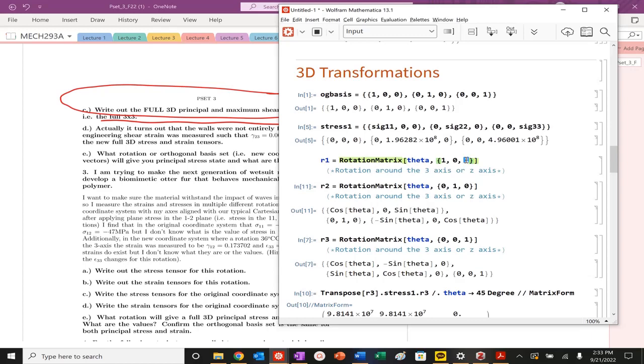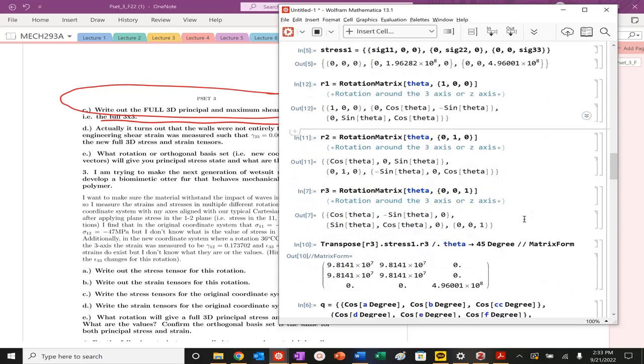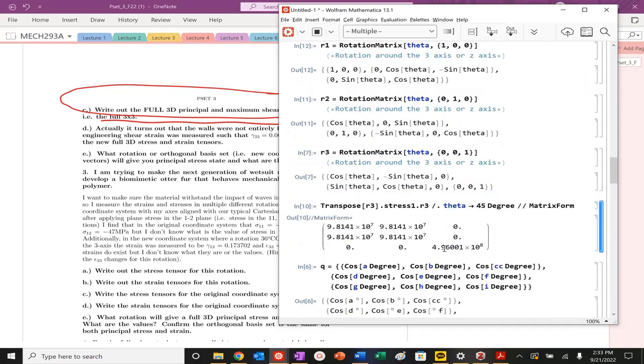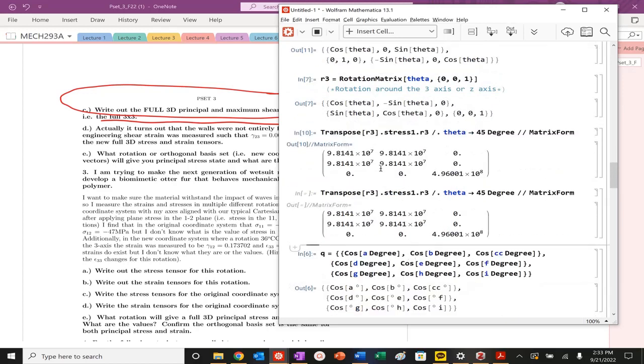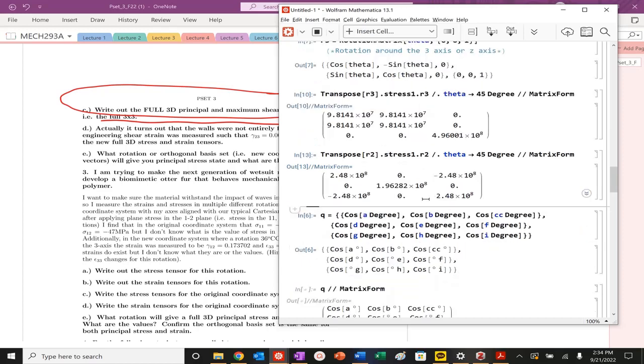You can do a similar exercise around the 1 axis, the 2 axis, the 3 axis. You can copy this code, and you'll see the values are just slightly different. But it's always going to be this 45 degree angle, and you see that we're maximizing those stress values.